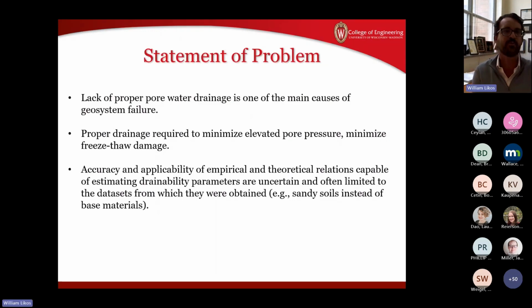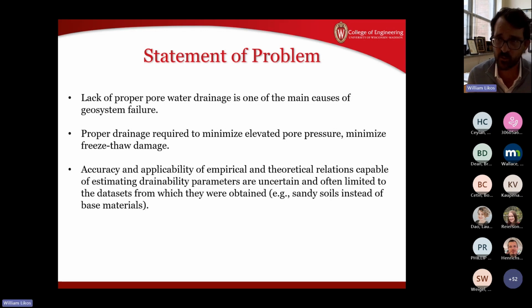As I stated, lack of proper pore water drainage is, I think without question, probably the main cause of geosystem failure, regardless of the type of system that is. Some of the things that occur if drainage is not freely draining, or if water is retained in the material, probably the most important is elevated pore pressure and the corresponding decrease in effective stress and the impacts to mechanical properties of soil that depend on effective stress, namely strength and stiffness, compressibility.